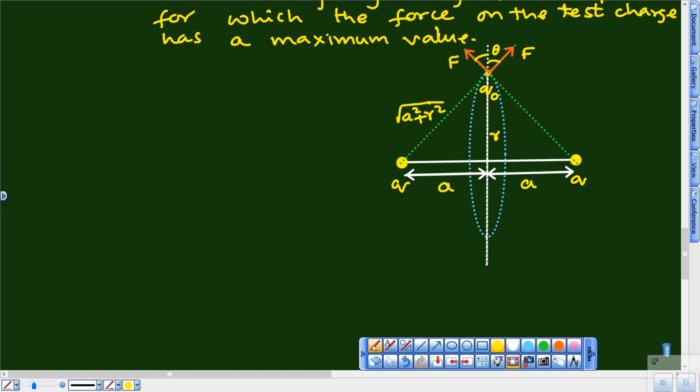So the total force acting on the charge would be the resultant of these two orange forces. If I show the effective force acting on the charge Q naught as F dash, then what would be F dash?